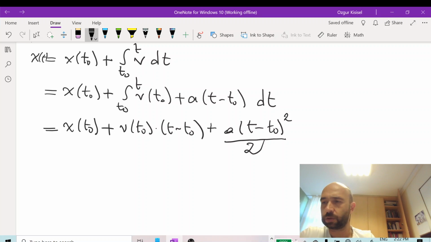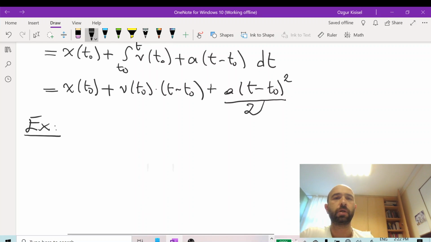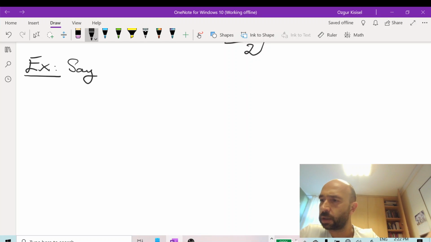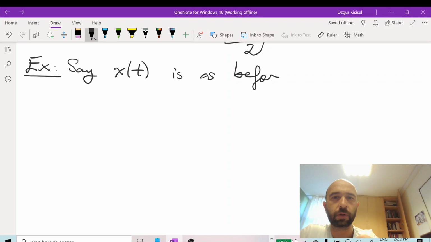Okay, now let's change this situation a little bit. So say we have x(t) as before, but suppose that the force is not constant.